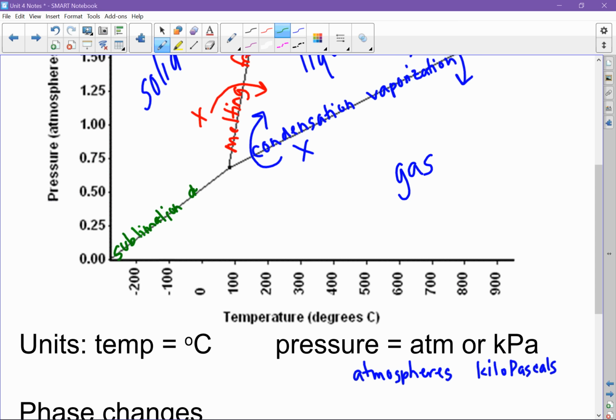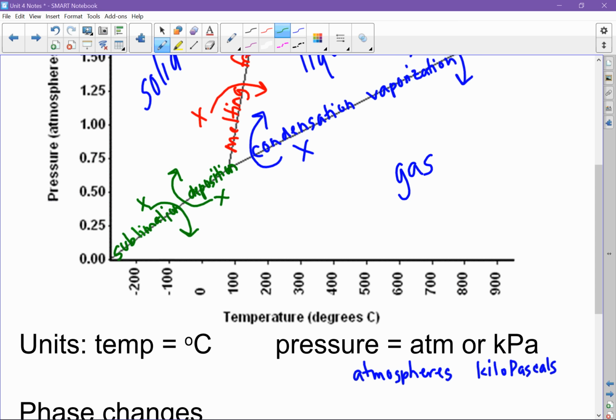And then I'm going to try to squeeze deposition in there. If I start as a solid and I turn into a gas and I cross the line this way, that is sublimation, starting as a solid going to a gas. The reverse would be starting as a gas going to a solid, and that would be deposition. So now we just have to do some practice reading things all over this graph.